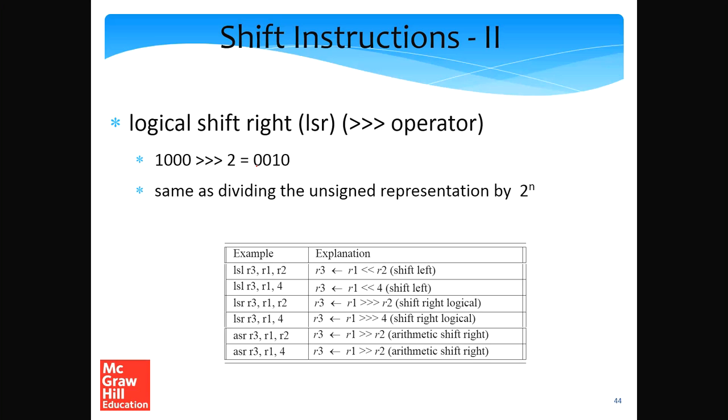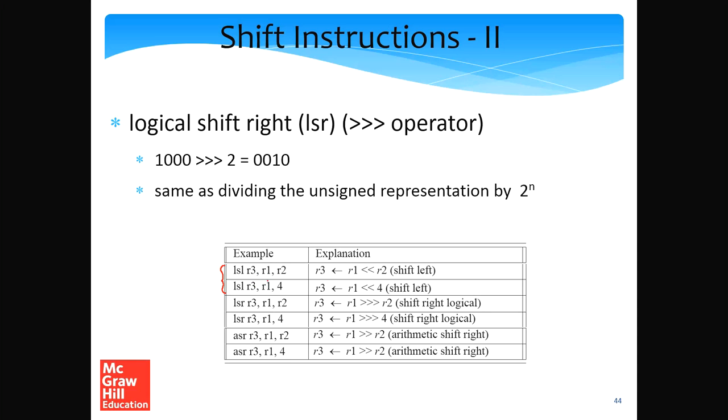So we have a couple of SimpleRISC instructions, 3 to be precise, and their format is exactly the same as the add, sub, multiply instructions. So for the logical shift left instruction, the destination comes first, which is a register.